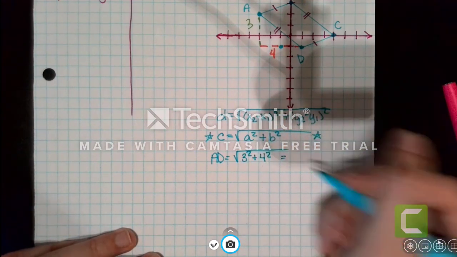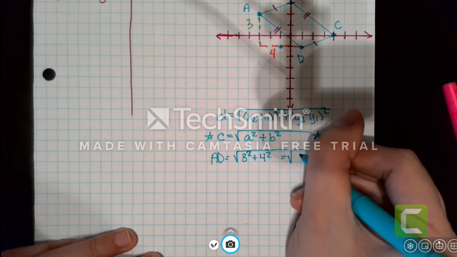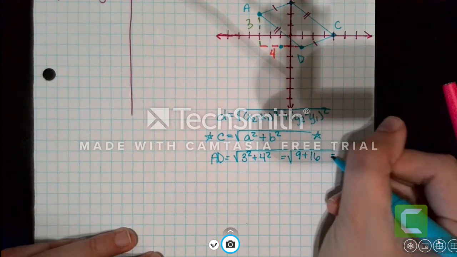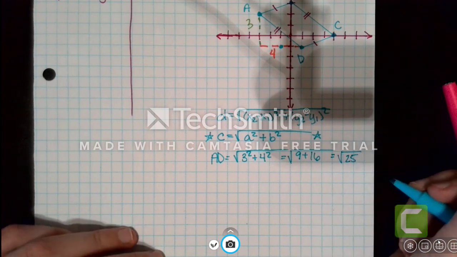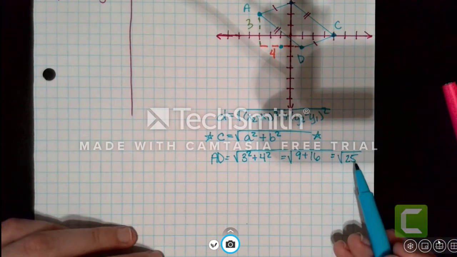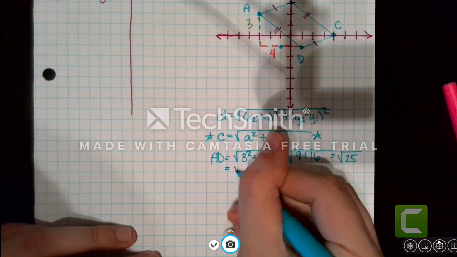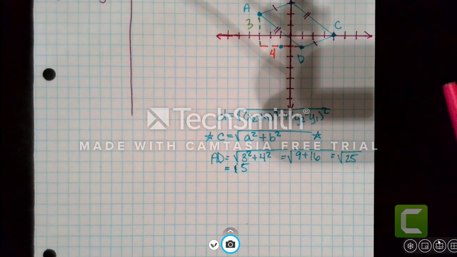And if I continue that through, I would have the square root of 3 squared, which is 9, plus 4 squared, which is 16. And if I add those together, it's the square root of 25. Now we can actually get a whole number out of this. The square root of 25 gives us exactly 5, one nice whole number to work with.